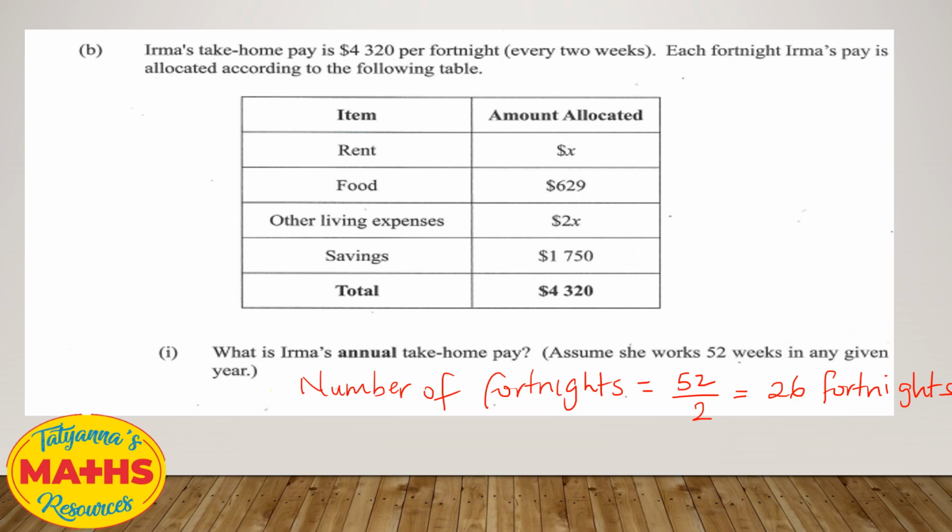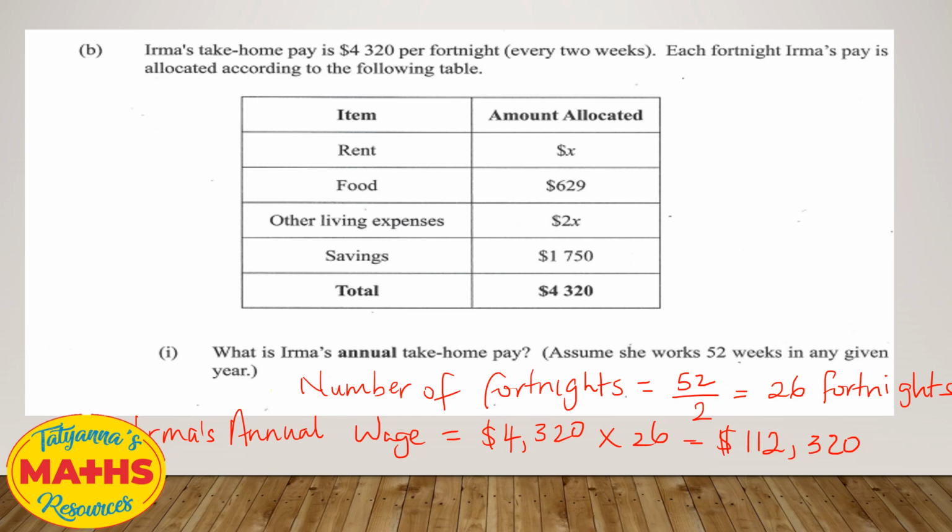So if she's being paid $4,320 every 2 weeks, that means Irma's annual wage would be 4,320 times 26, which is equals to $112,320. So every year, Irma is going to get $112,320.